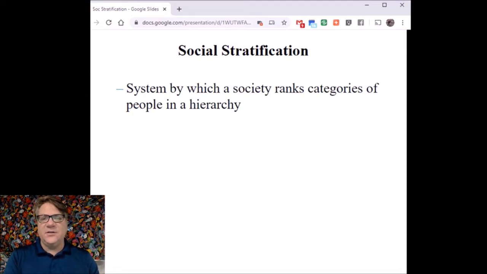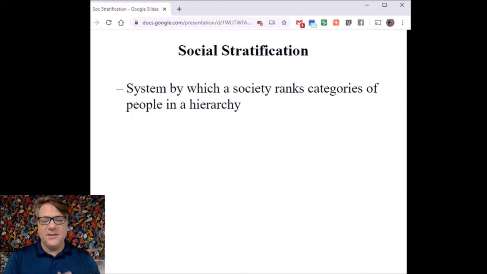Then in this chapter, it also talks at great length about social class. There are generally 3 or 4 dimensions of social stratification that we focus on in modern day sociology in the United States. That is social class, race and ethnicity, gender stratification, and inequality and stratification by sexual identity, sexual preference.